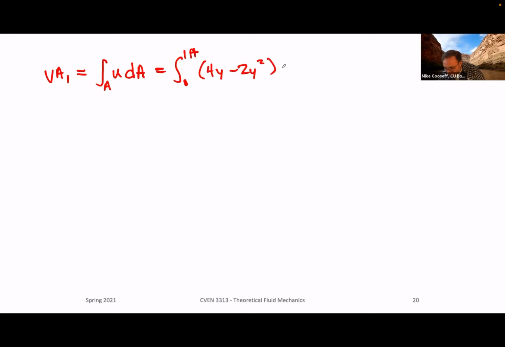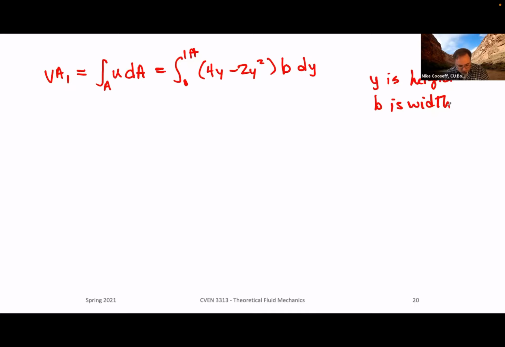And then I'm going to call the width B, and we're just going to take the derivative with respect to y, because that's the only thing that changes. For the dA, we just change with y here, okay? So y is height above the bottom, and B is width, okay?